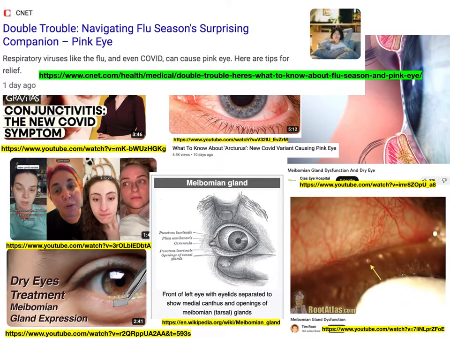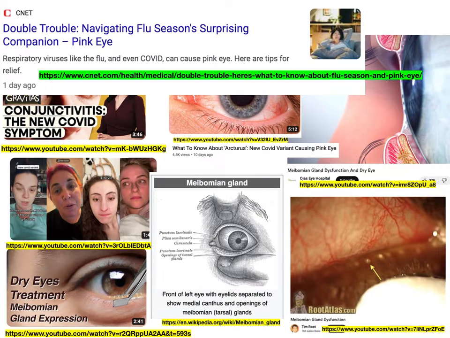This is a very recent news report. Double trouble, navigating flu season's surprising companion, pink eye. Respiratory viruses like the flu and even COVID can cause pink eye. Here are tips for relief.